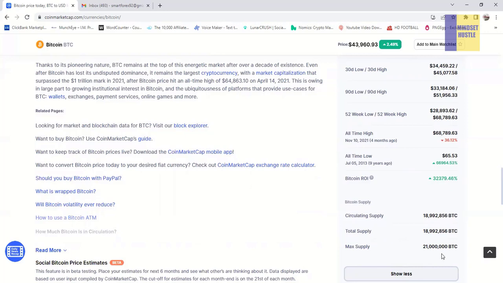The maximum BTC that can be mined in the entire life of BTC is 21 million. And its total supply, currently the amount that has been supplied into the system, is 18 million, almost 19 million. And its circulating supply, the amount that is circulating currently, is the same 18.9 million.